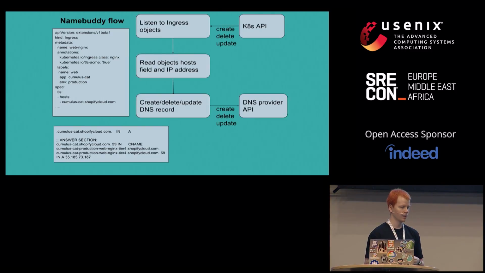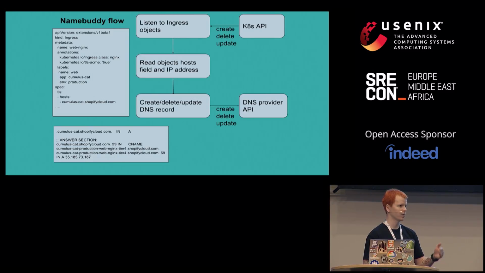To give a little more concrete example of this, if somebody is not familiar with how custom controllers work, they are just Golang applications. So in terms of name buddy, we are dealing with a Golang application that talks to two APIs. So name buddy is running on the cluster. It talks to the API server API.